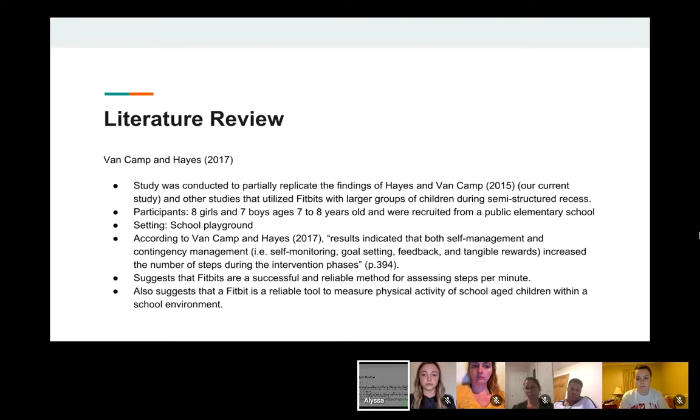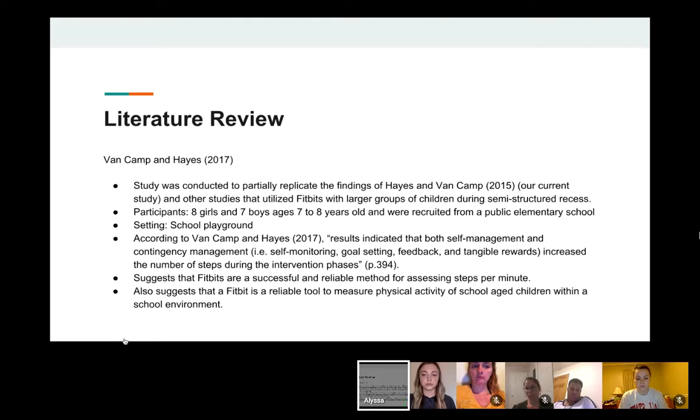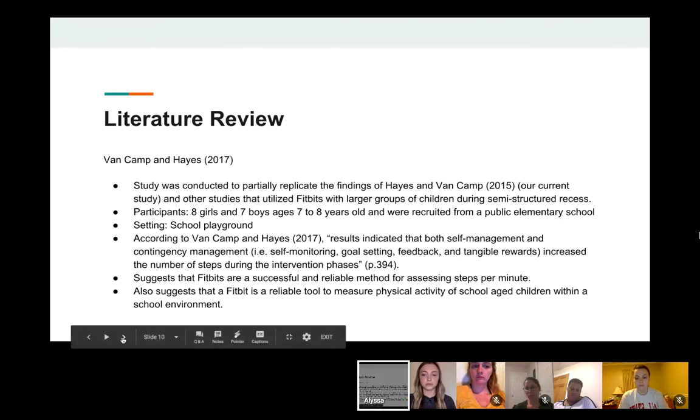This study also suggests that Fitbits are a successful and reliable method for assessing steps per minute, and also suggest a measure of physical activity of school-age children within a school environment. So this just kind of solidifies some of the results that we also found in our replication study.